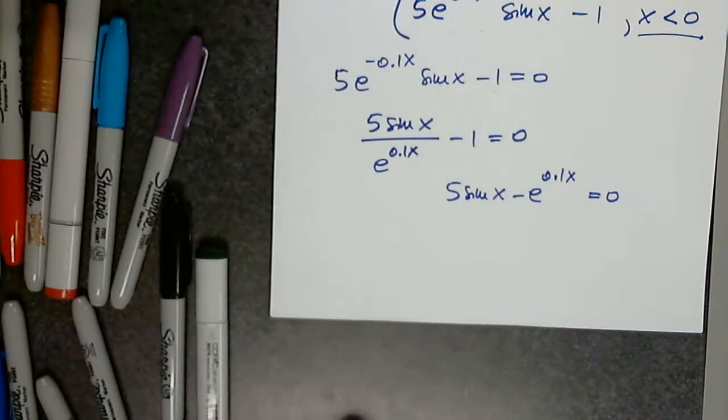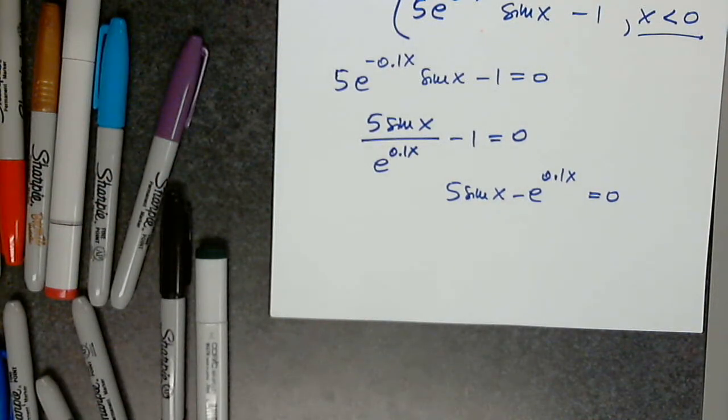I would graph these two functions separately, 5 sine x and e to 0.1x, to see what happens, and study it a little bit because I have no other options but the graphing calculator. I could also look at the second derivative, we haven't gotten that far yet, and see whether there are any solutions, because if the second derivative shows only positive or only negative, there may not be solutions at all. But I have to graph, because I don't know where they intersect.